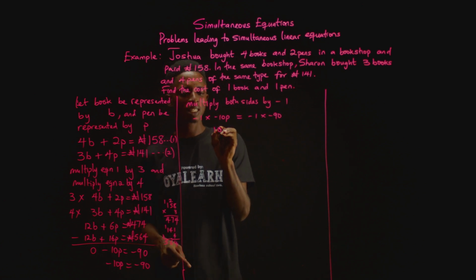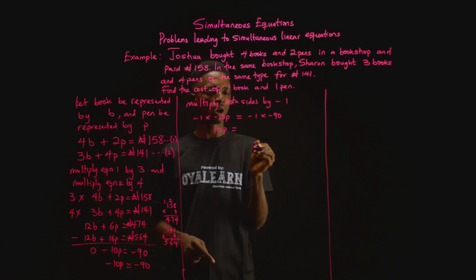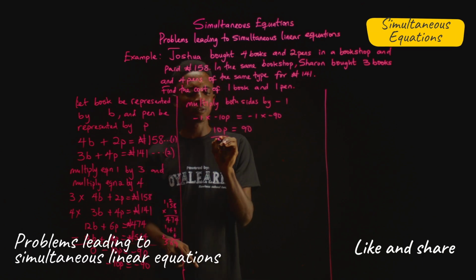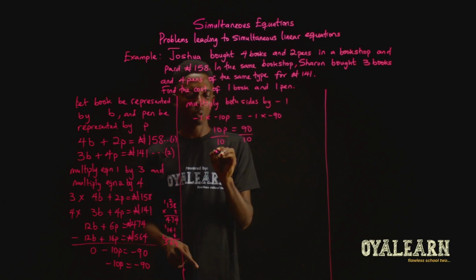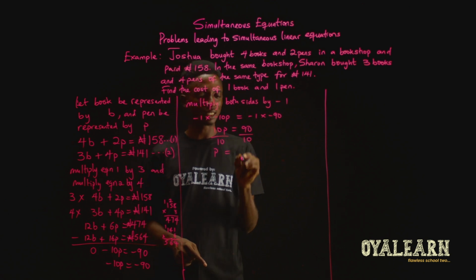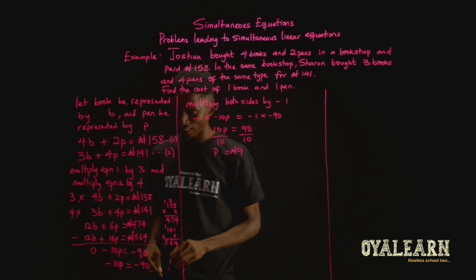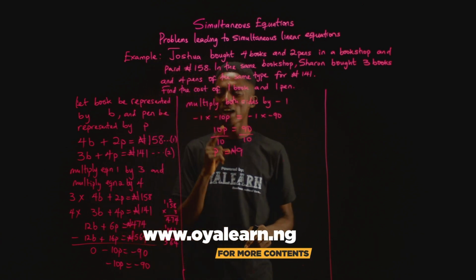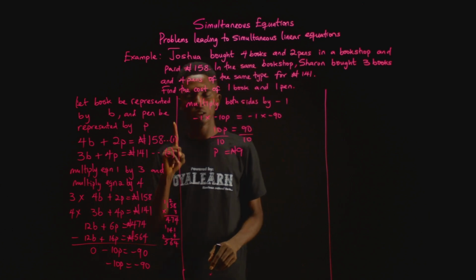And this will give us 10P equals 90. And when we divide both sides by 10, we see that the cost of each pen is 9 naira. So we have gotten the cost of a pen. Now let's find the cost of one book.